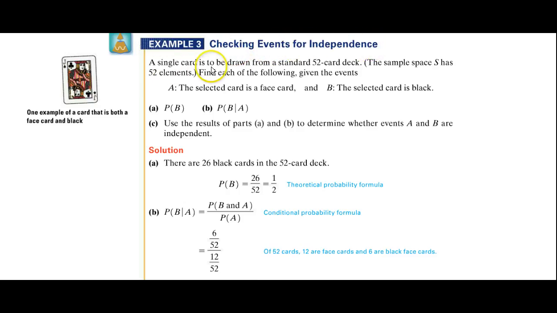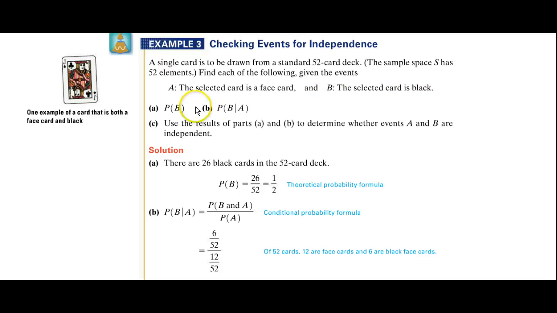A single card is to be drawn from a standard 52 card deck. So the sample space is 52 elements. Find each of the following given the events. A, the selected card is a face card. And B, the selected card is black.